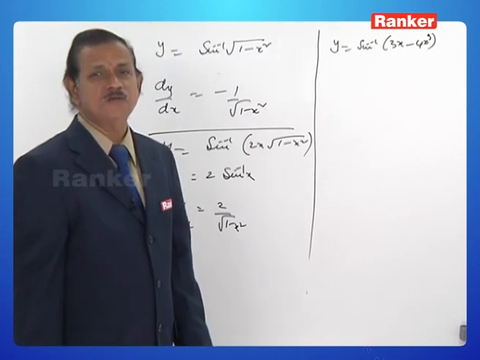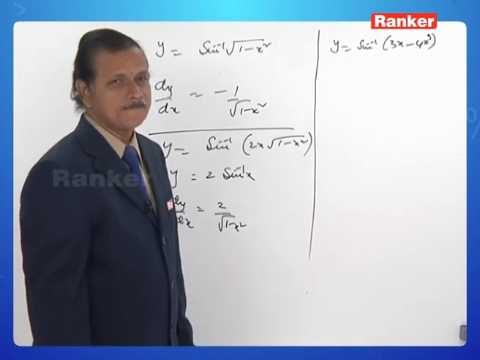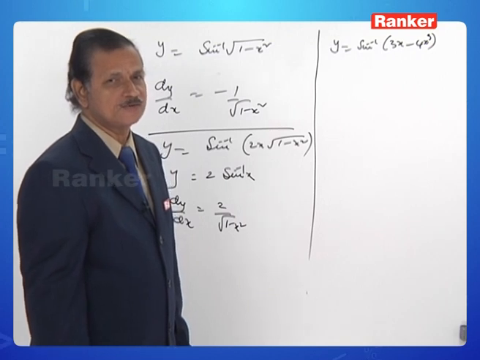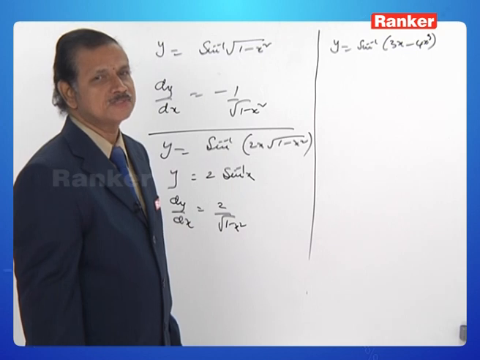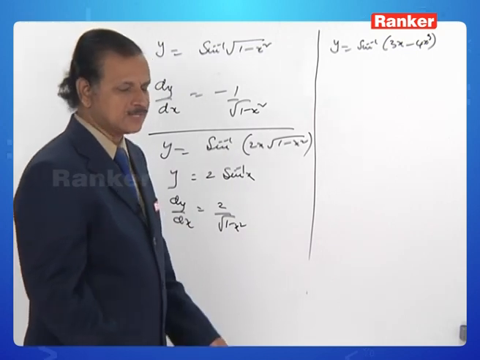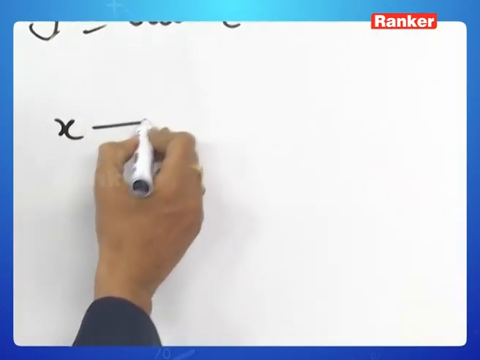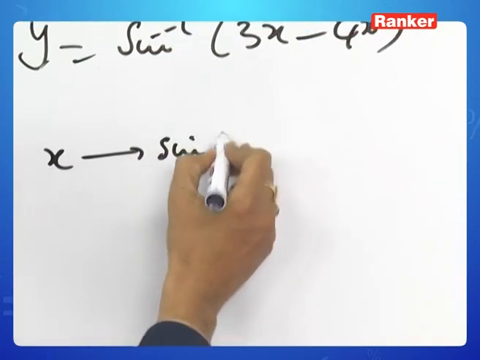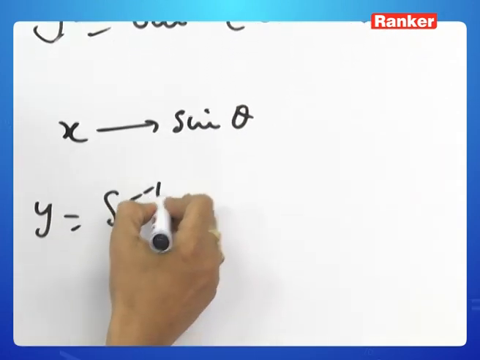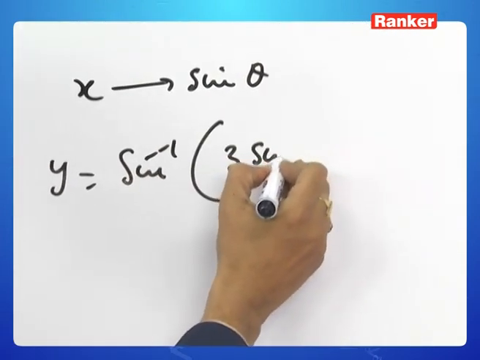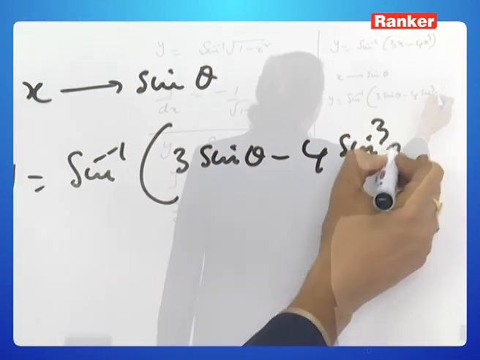If you take x is equal to sine theta, 3x minus 4x cube, 3 sine theta minus 4 sine cube theta. What is that? Sine 3 theta. Sine inverse of sine 3 theta is, okay. Let us have these steps once. Here, x is equal to sine theta. Then, what is y? Sine inverse of 3 sine theta minus 4 sine cube theta.